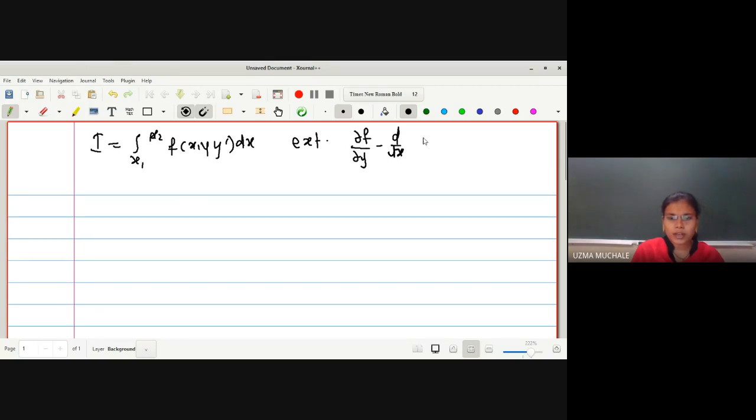This equation we have derived with the help of maxima minima conditions, right?